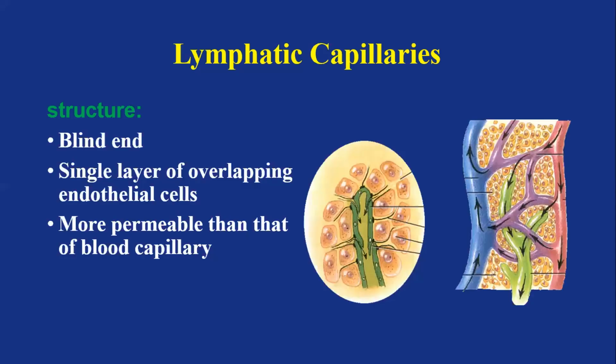So what are lymphatic capillaries? You can see first that it has a blind end. Wherever the lymphatic fluid is, the lymphatic capillaries absorb it, and it is a single layer of overlapping endothelial cells.